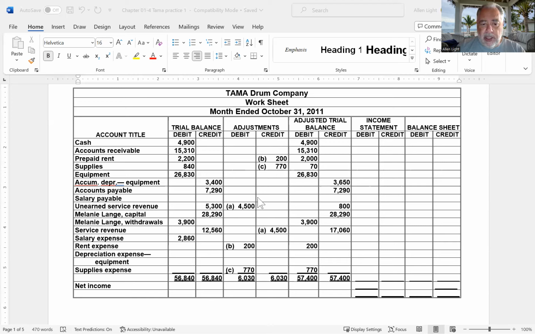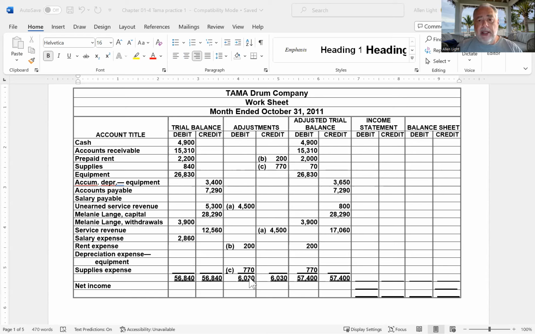Now, after we make the adjustments, we do another trial balance to make sure that it still balances, because we've just made changes to our accounts. So we've got to make sure that those changes balanced, okay? Technically, you can take your debits and credits under adjustments, add those up, and those should equal, okay?